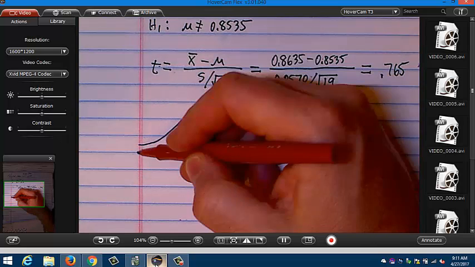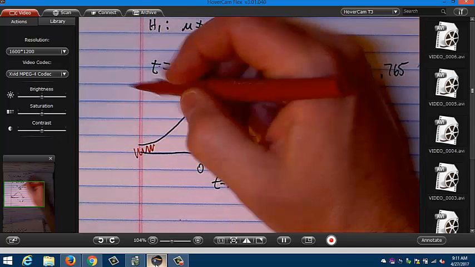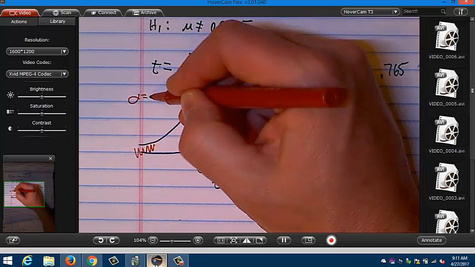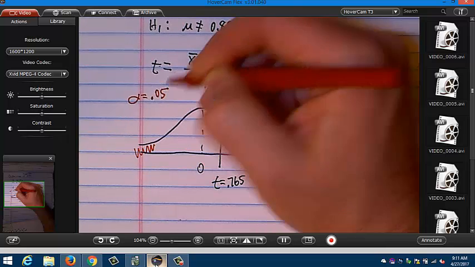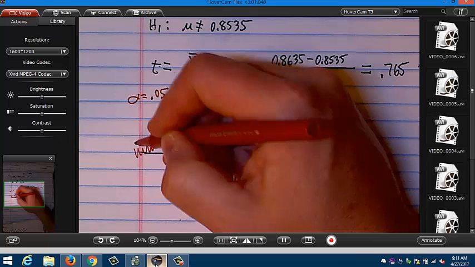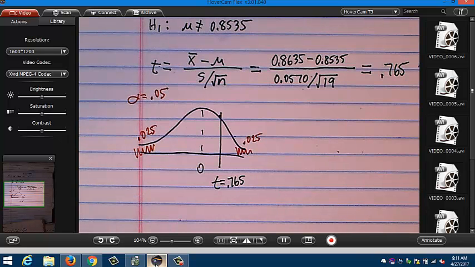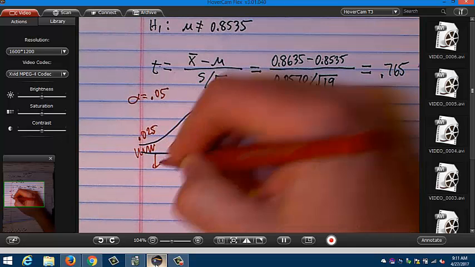It's like this and like this because it's two-tailed. We have alpha is 0.05, is that right? So you split up 0.025 here and 0.025 there, right? And so next, I need the critical values here and here.